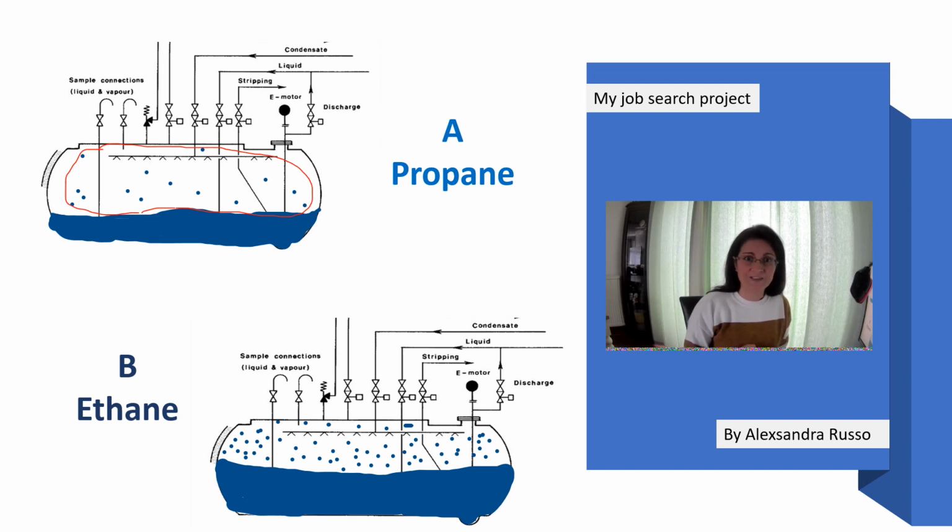So the intermolecular force or force of attraction of liquid gas, its vapor pressure and its boiling temperature are variables interrelated between them, and those variables are also interrelated with the three different types of gas tanker ships.